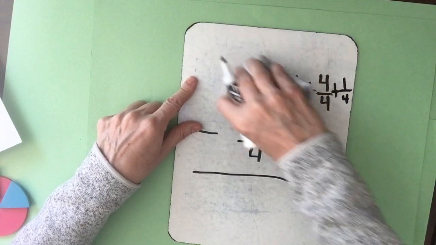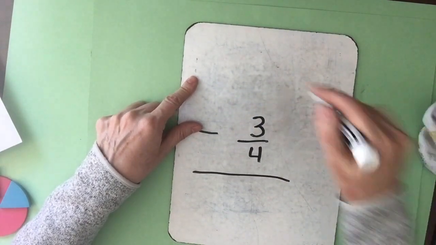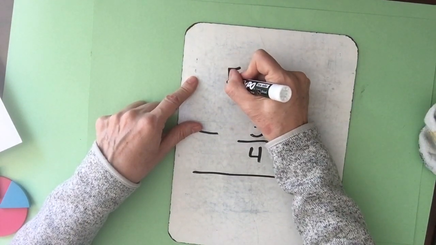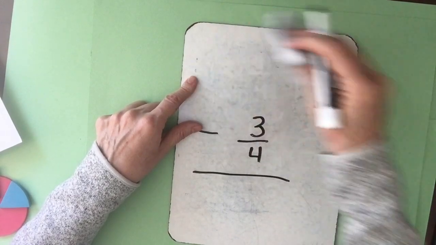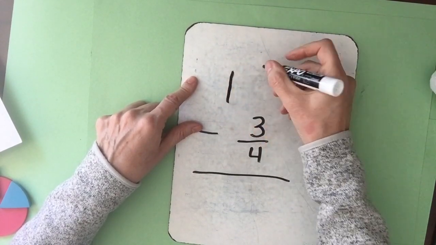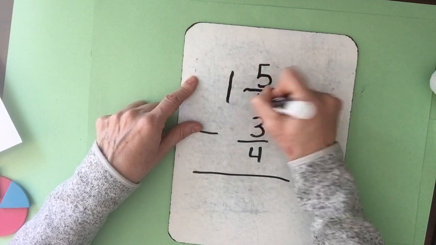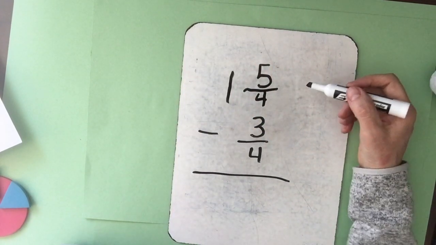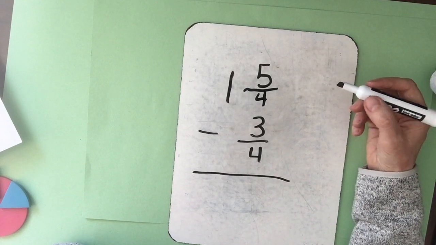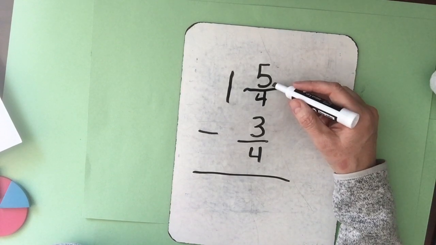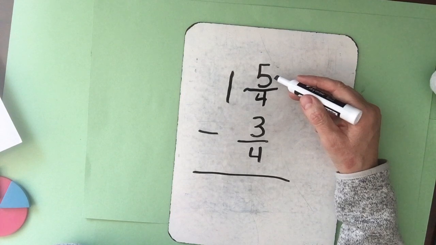So it all is the same amount, but I'm renaming it. Oops, I put my 5 in the wrong place. 1 5/4. Do I still have 2 wholes and 1/4? Yes, I do, because 4/4 plus 1/4 equals 5/4.